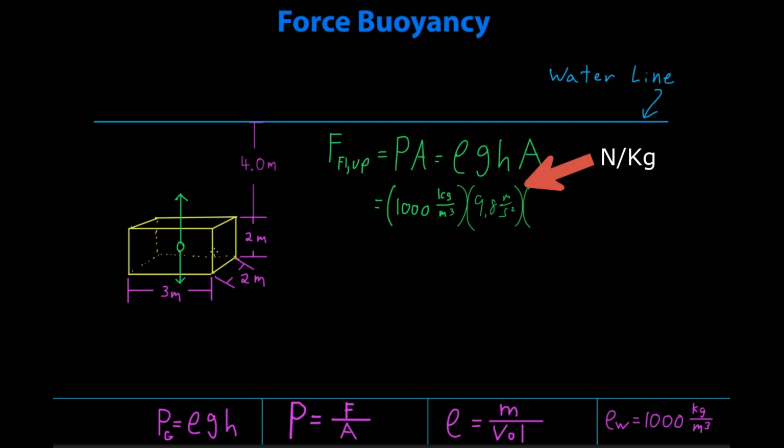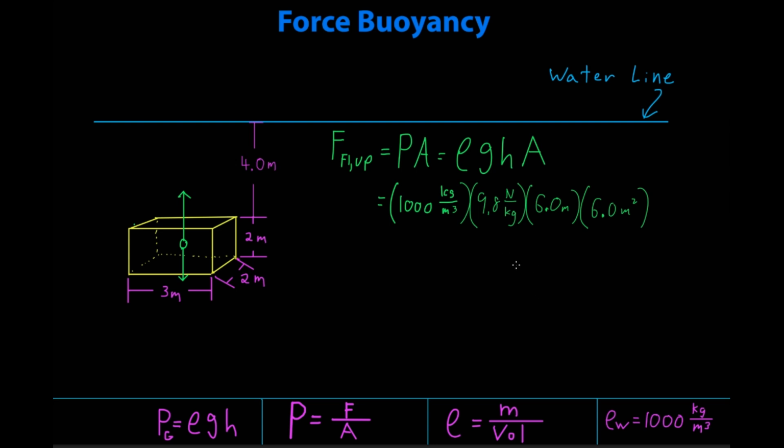The height we're going to use is going to be 6 meters because we're talking about the force exerted on the bottom of the box. In other words, the fluid is pushing upward. So 6 meters. And the area is going to be the area of the bottom of the box, which is going to be 3 meters times 2 meters. So this will be 6 meters squared.